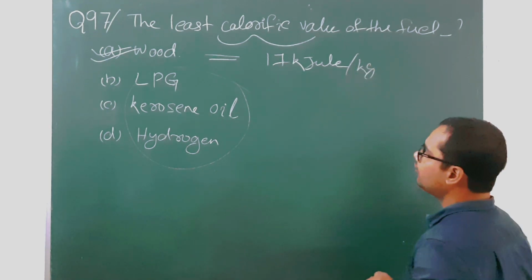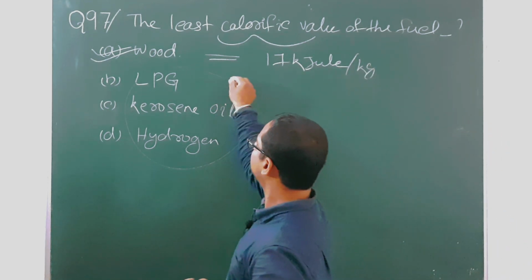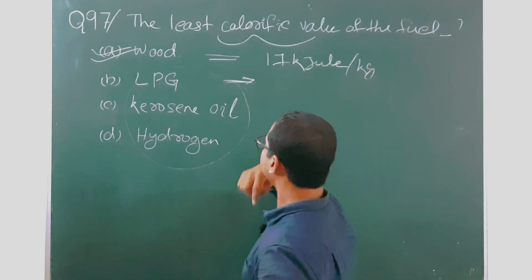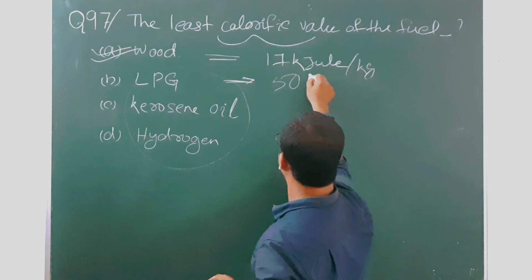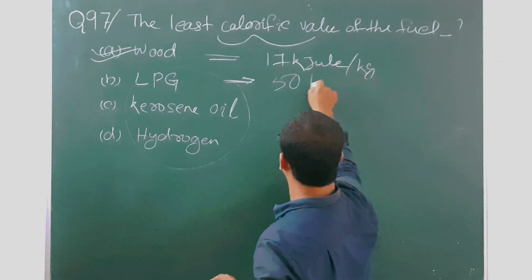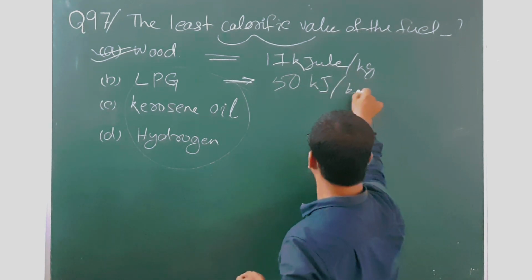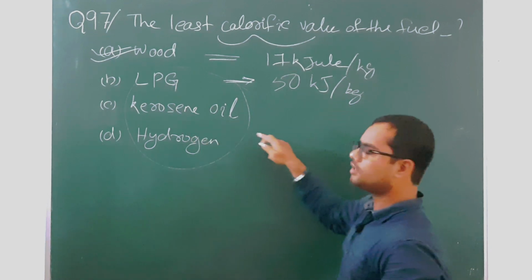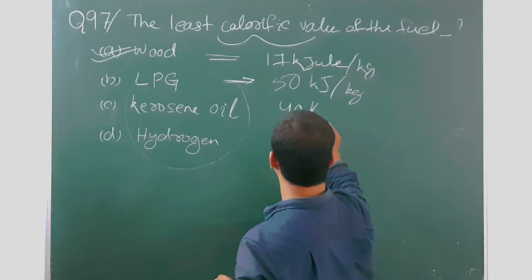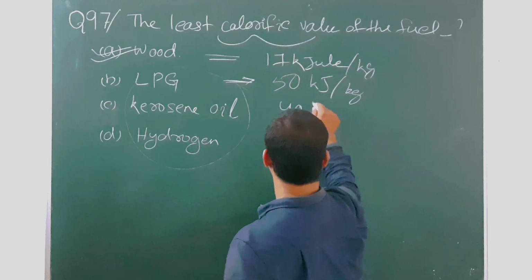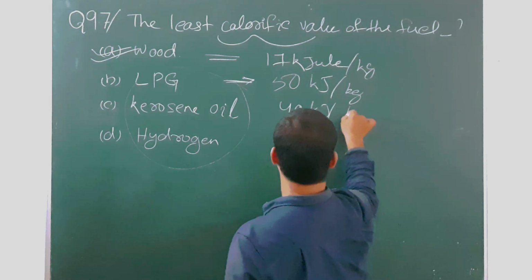For LPG it is around 50 kilojoule per kg, and for kerosene its value is around 40 kilojoule per kg.